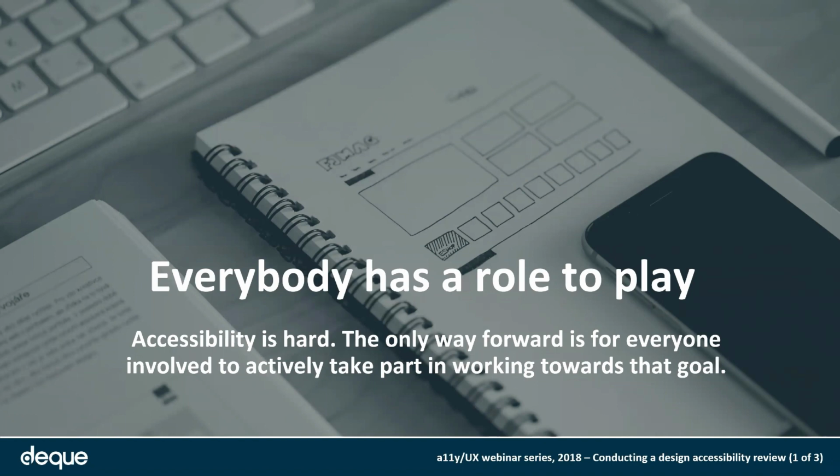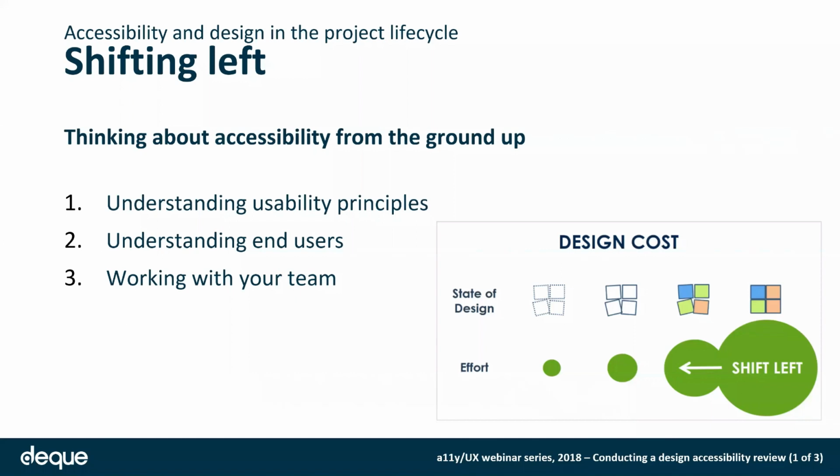So one of the ways in which we've learned to master this or to approach it in a more successful way is this idea of integrating accessibility much earlier on in the process than we normally were doing before. This is something we call shifting left at DQ. Basically, the idea of moving further left in the project lifecycle to start integrating ideas for accessibility as early as the very early design phases.